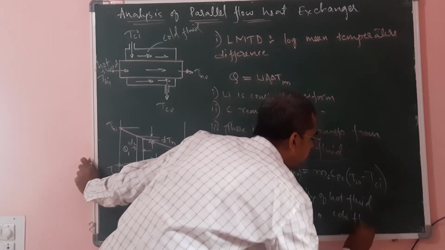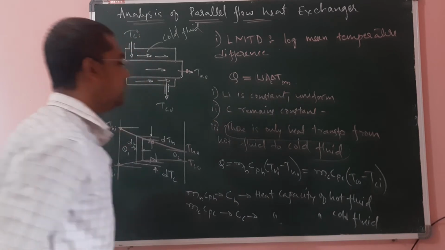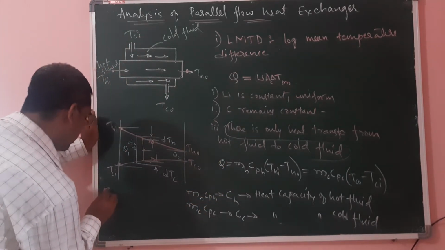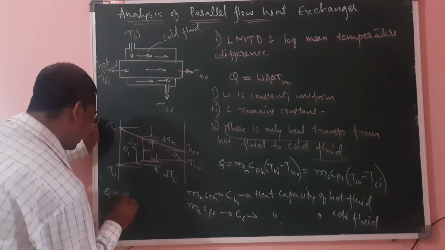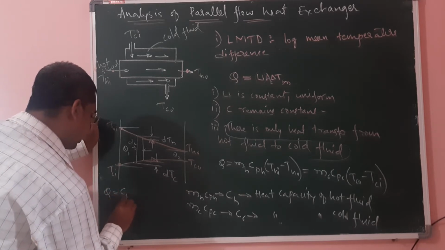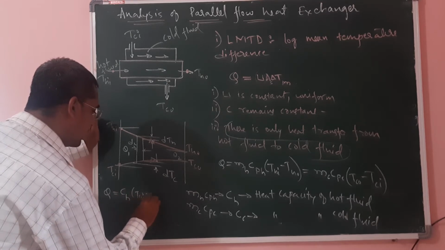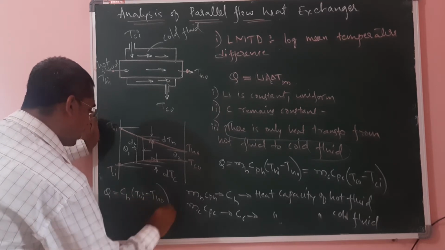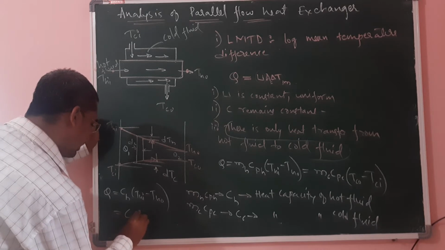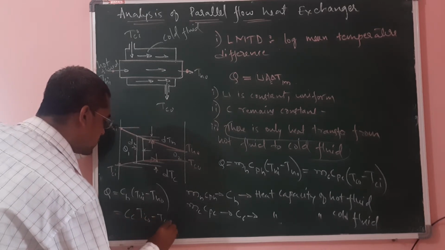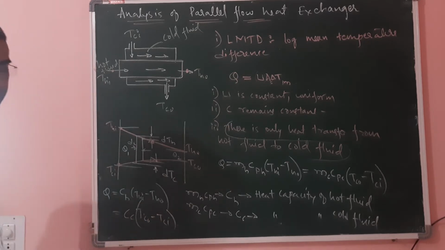Therefore, instead of writing this, we can write Q is equal to Ch into Thi minus Tho, and it is also equal to Cc into Tco minus Tci. Like this we can write.